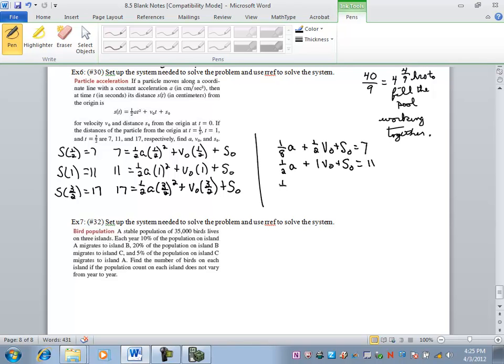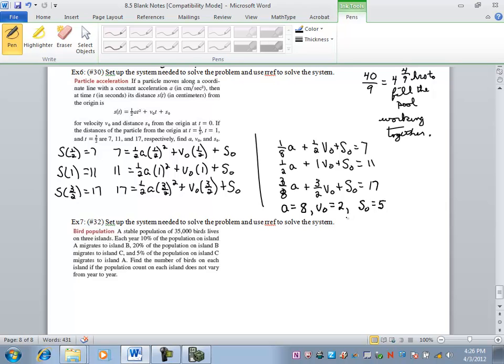And 1/2 times 3/2 squared, so 3/8 a plus 3/2 v sub naught plus s sub naught equals 17. And so you can put this into your calculator as we've done on the last few, and we find that a equals 8, v sub naught equals 2, s sub naught equals 5.